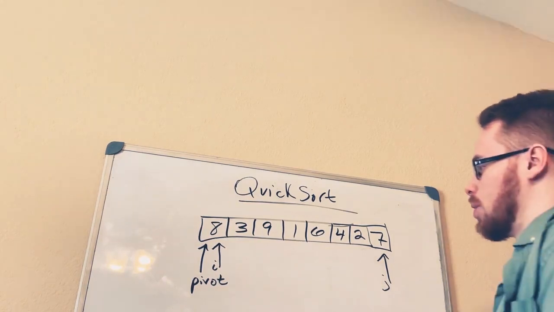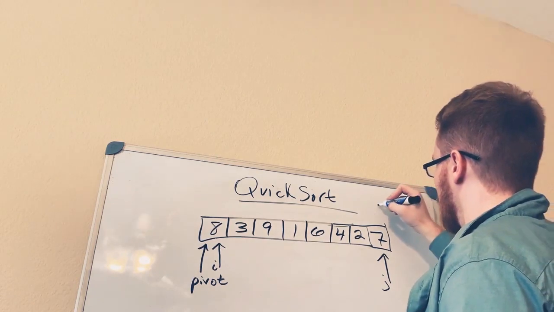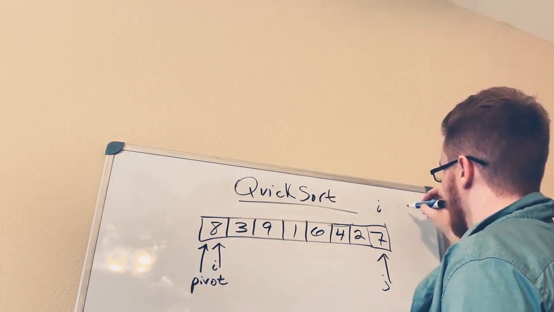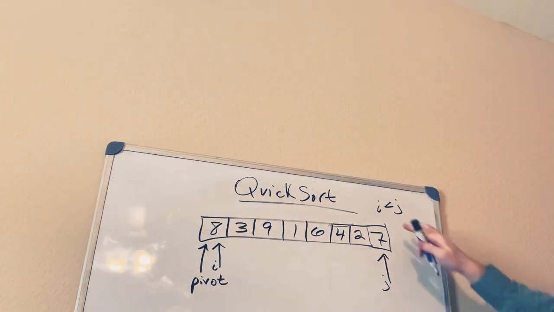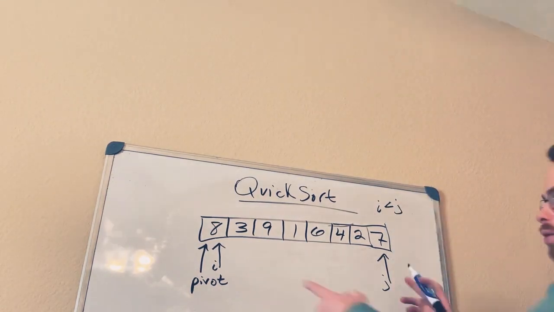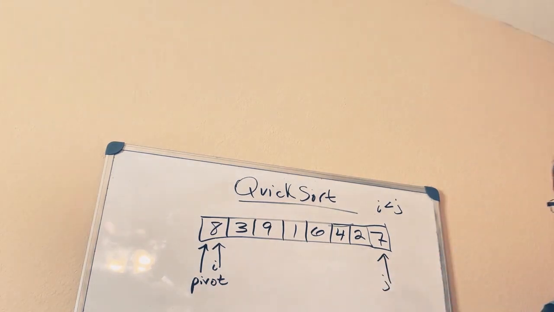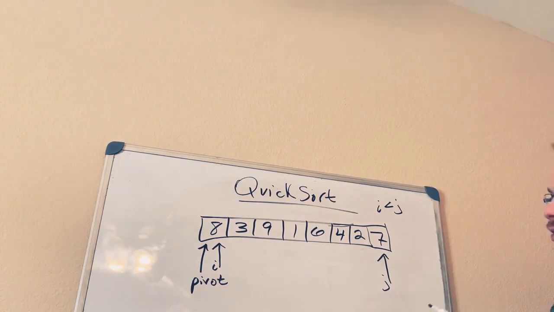You keep doing that as long as I is less than J. When these basically swap sides, that's when we back out of this partitioning method.